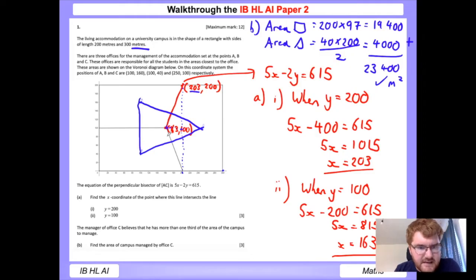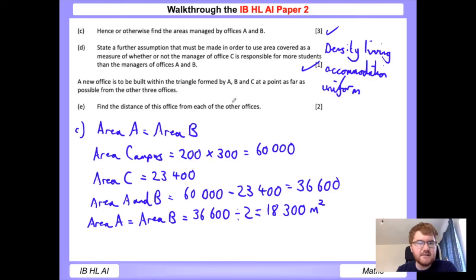So this vertex here, this is the vertex that's the same distance away from A, B, and C. And this is in fact the point that we're looking for. This is the point that is the furthest distance away from A, B, and C. So a little bit of interpretation of the question here. And what we need to find then is the distance of that office from each of the other offices.